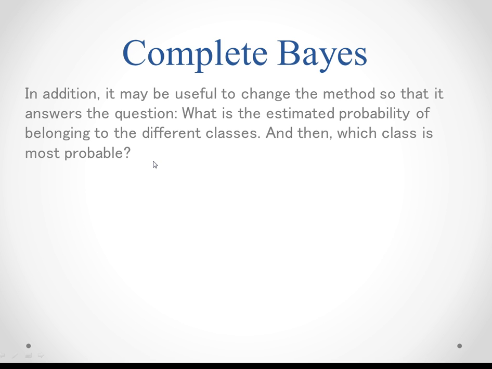So here we might have said that there were 6 people like this and 4 like this, so maybe we would say that the chances that they should be in this class are 6 out of 10, and the chances that they should be in this class are 4 out of 10. So not only do we have the class that we choose, but we also record the probability for each of the classes. We're still going to choose the class with the highest probability, right?